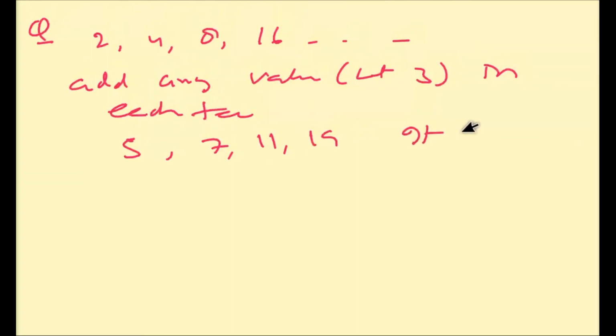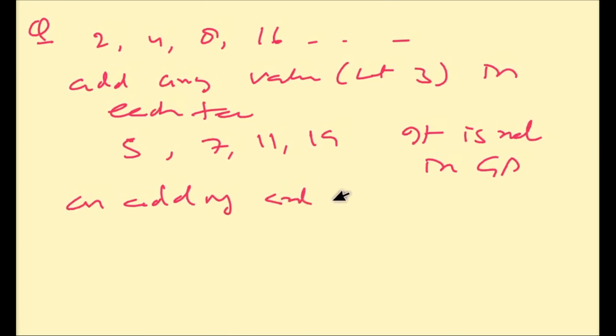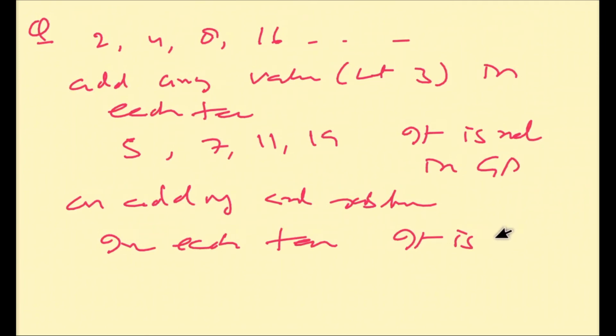It is not in GP. Okay. Similarly, on adding and subtracting in each term, it is not in GP. As we have seen in adding, as we can see in subtracting. Okay, student.